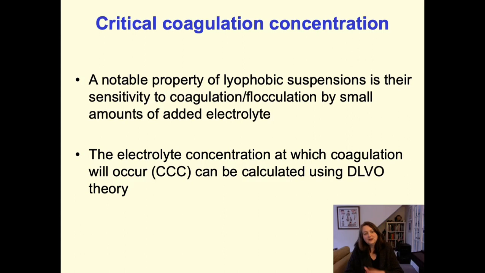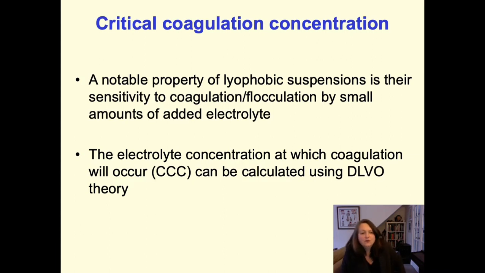So if we're going to deliberately add an electrolyte, now we know electrolyte reduces the repulsive interaction between particles, and so for a colloidal system we said that that was bad. Now we're going to add a controlled amount of electrolyte, so we just start to see aggregation form. Okay, and so that will allow us to control the formulation.